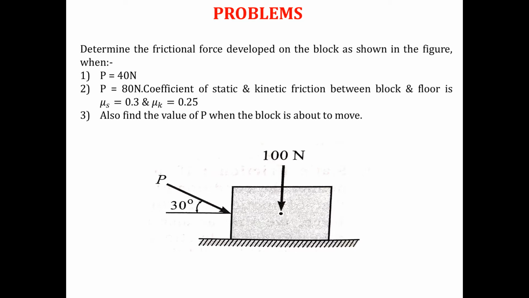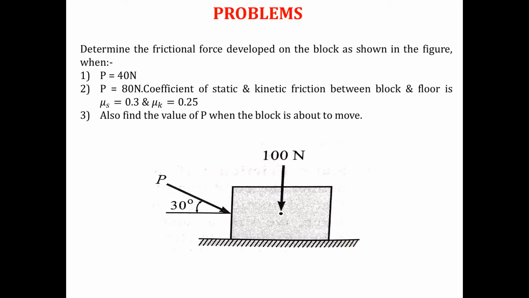That means what is given in the problem? On a horizontal surface, a block is kept. The weight of the block is 100 Newton, which acts vertically downward from the center of gravity in the diagram. On this block, a force P is applied, which is a push kind of force, applied at an angle of 30 degrees with respect to the horizontal.